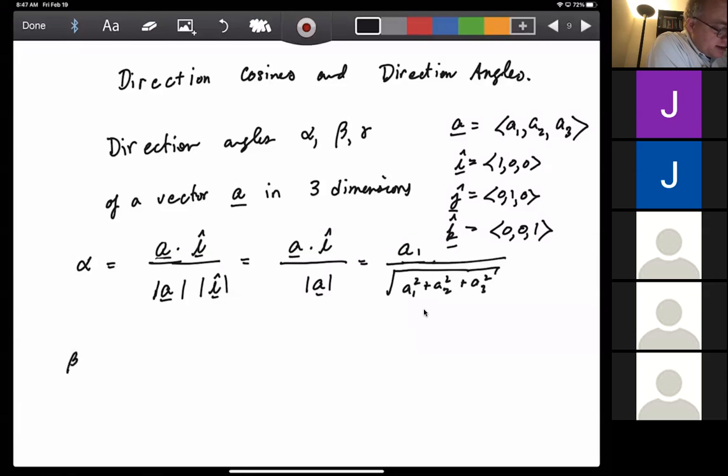And the beta and the gamma work the same way. The beta is the direction angle with the y-axis. So that's going to be A2 divided by this guy.